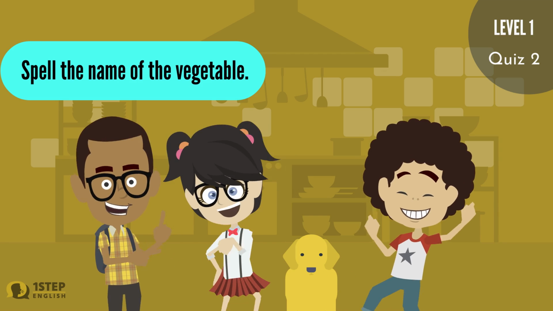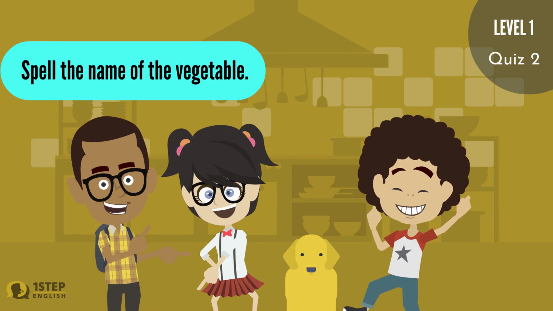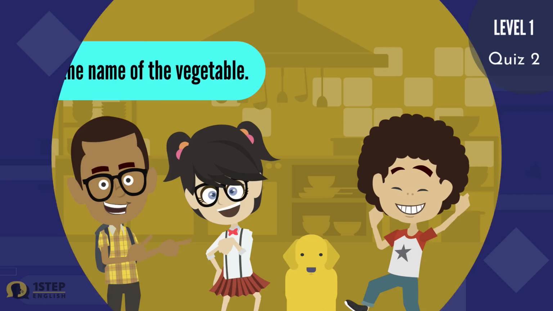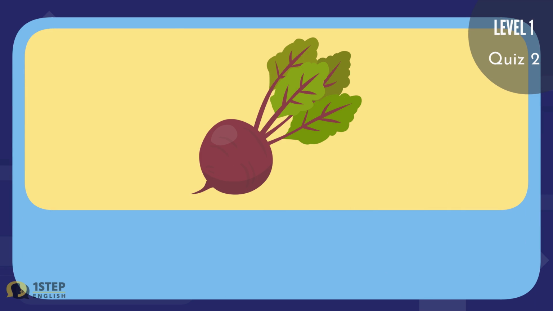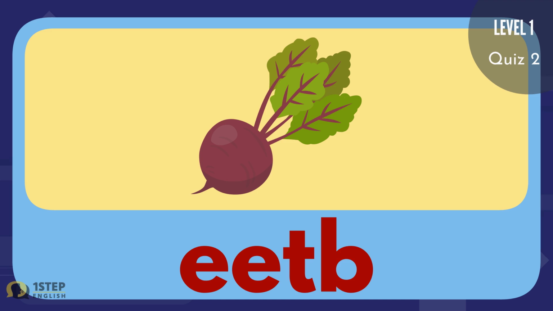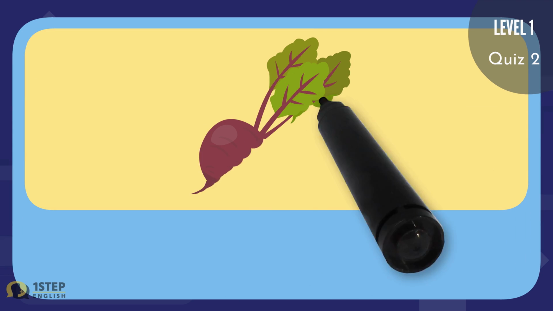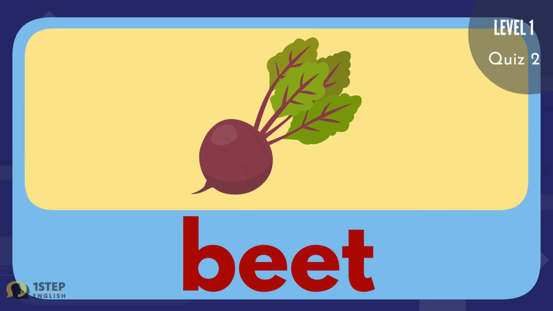Spell the name of the vegetable. E-E-T-B. The correct answer is beet.